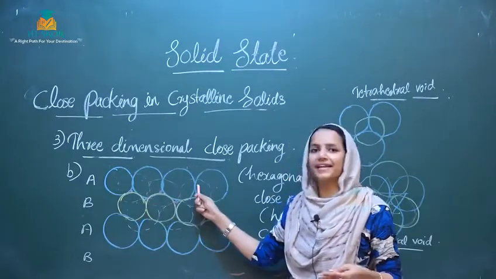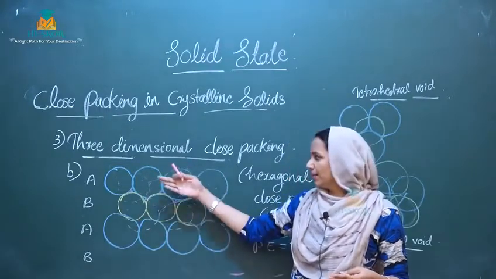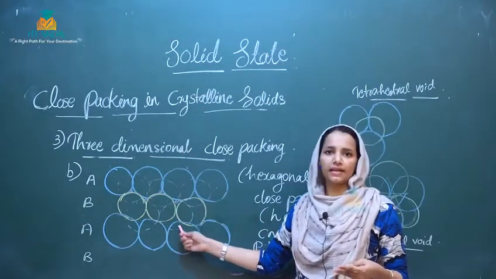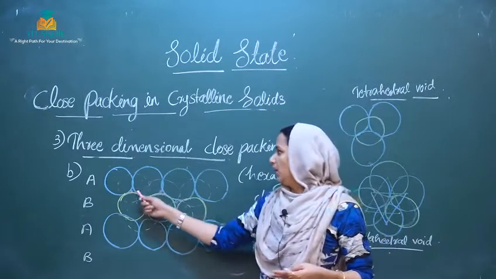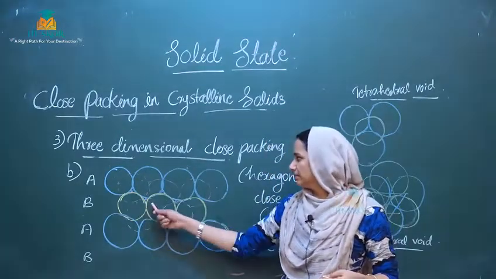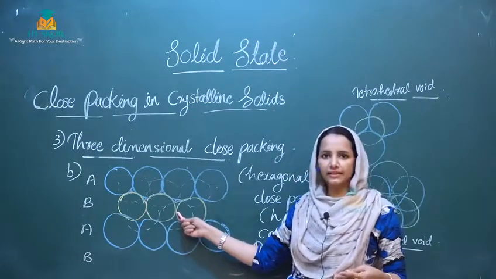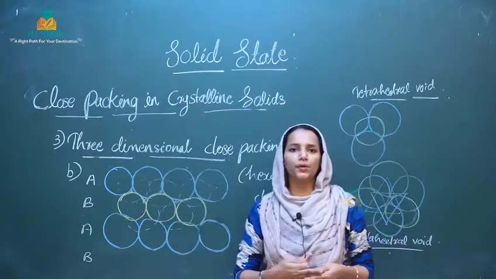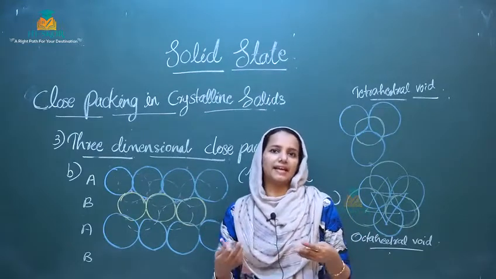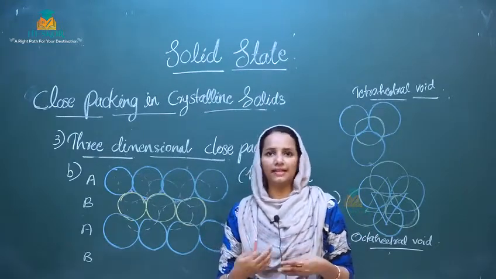The dotted line indicates the second layer. The second layer you consider as the layer above this basic layer. So, we filled the A type void here, then the second row will come like this. In the second layer also 2 types of voids are generated. We can name them C type void and D type void.